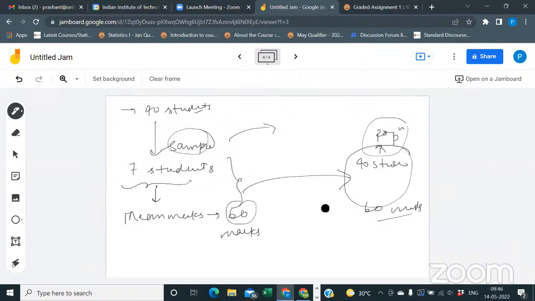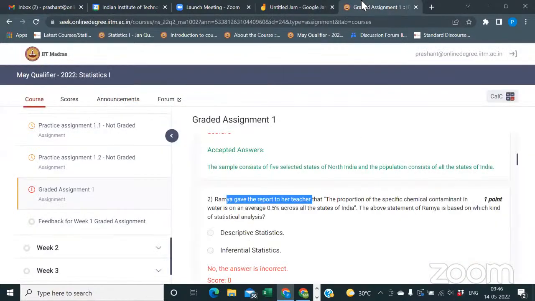Okay. You were saying, sir or ma'am, the mean marks of that particular class is 60 marks, and you give this report, you make this conclusion only on the behalf of these 7 students. That is the same in the question. She makes the conclusion only on the behalf of these 5 selected states of North India, and gives the report to her class teachers.